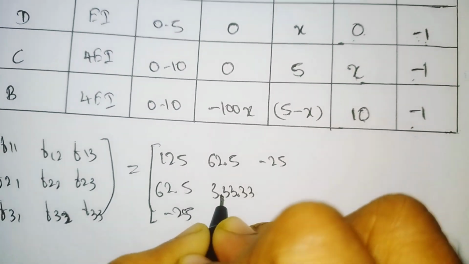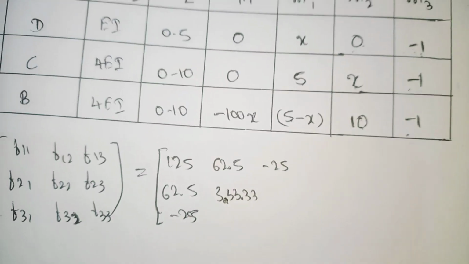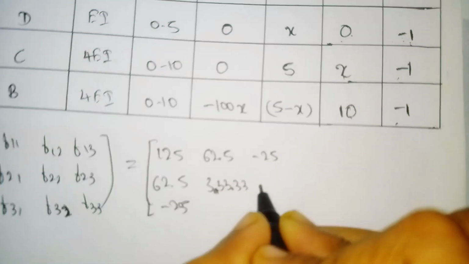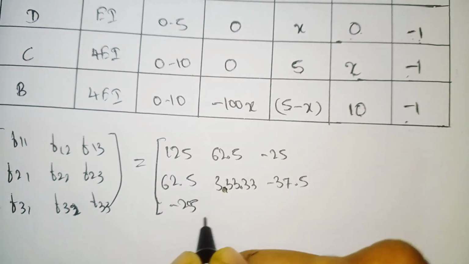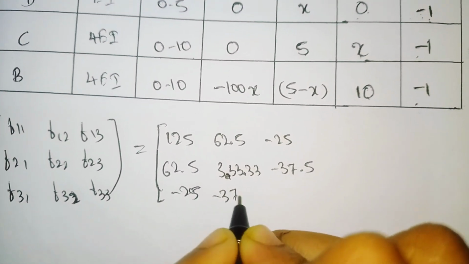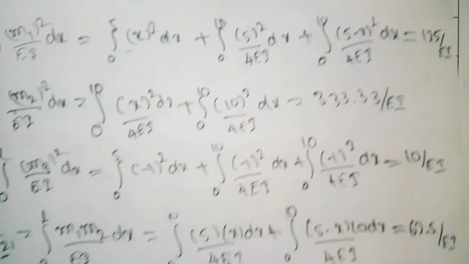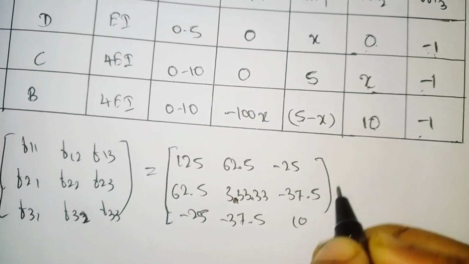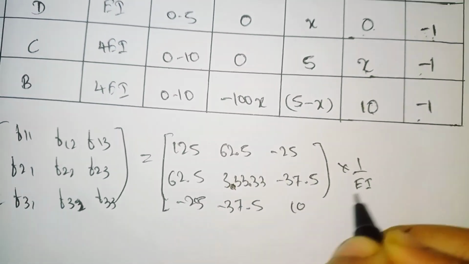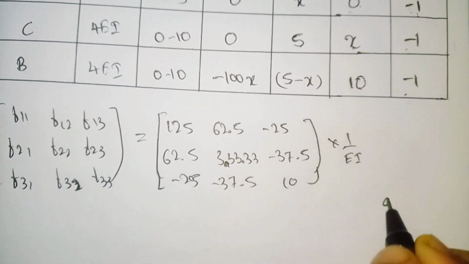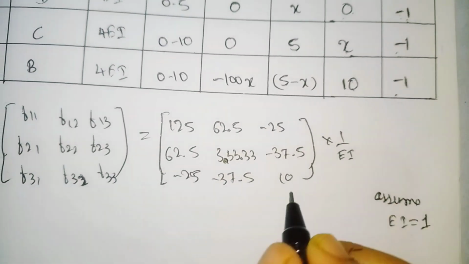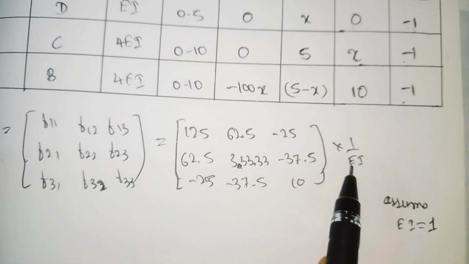And f23 value we got was minus 37.5, f32 value is also minus 37.5. f33 value we got finally was 10. So put it here into 1 divided by EI. I am taking it as constant. Otherwise, if you assume EI value as constant 1, it becomes 1, or otherwise you can keep it like this only.